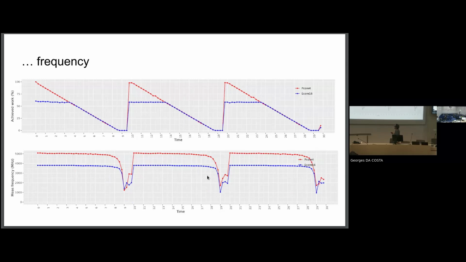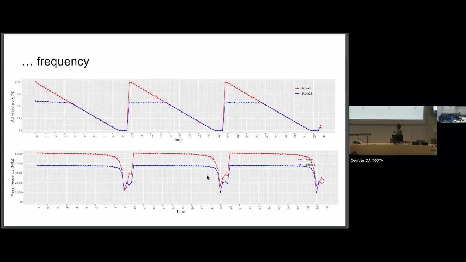We can see that the P-core is able to run at higher frequencies, and the E-core is only able to get to this amount of frequency, which is 3.8 gigahertz. But as we request less work from the CPU, the hardware decides that it can now run at lower frequencies.